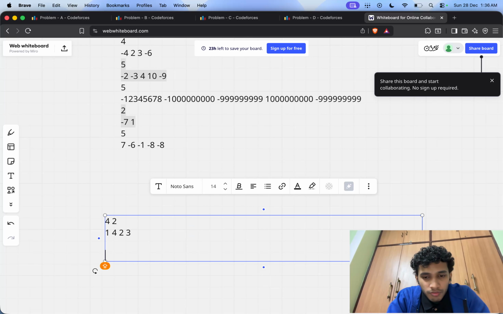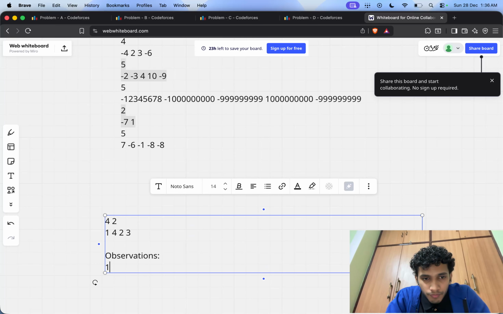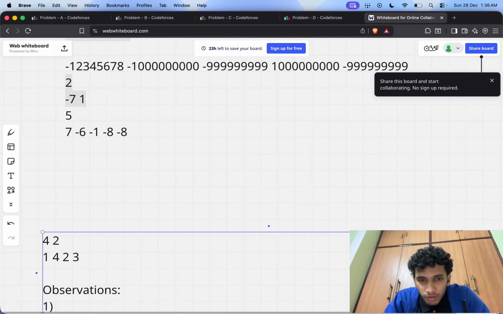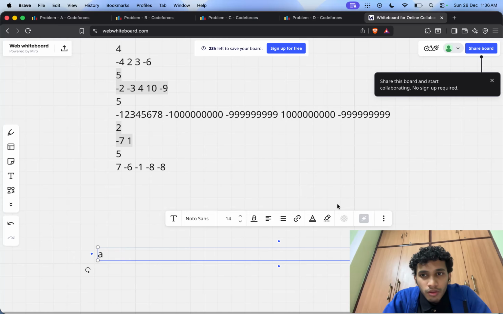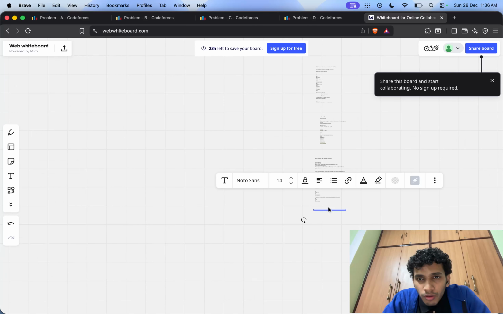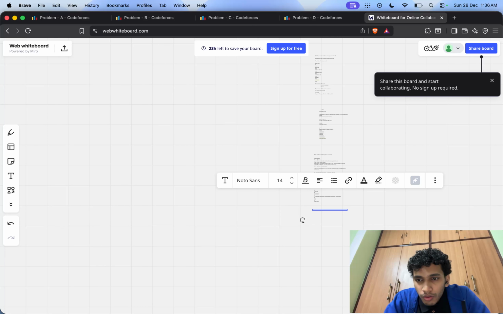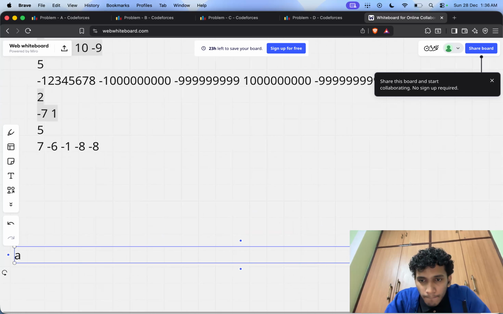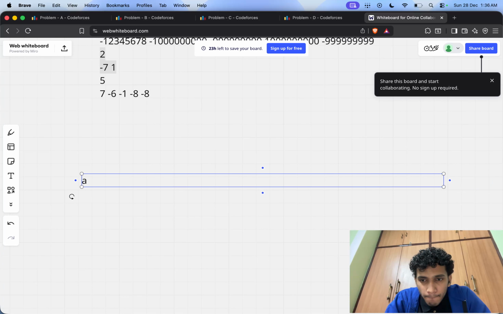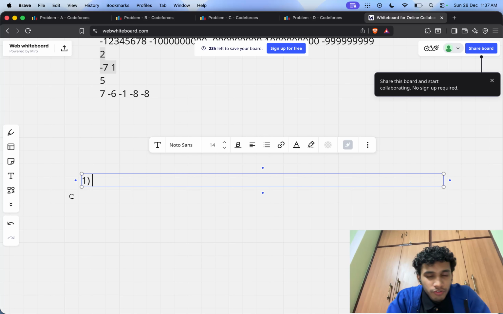What are the observations we discussed? The very first observation is that all elements are unique.